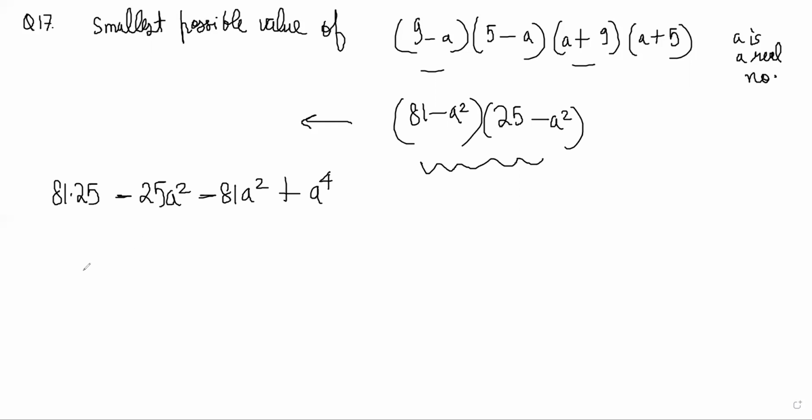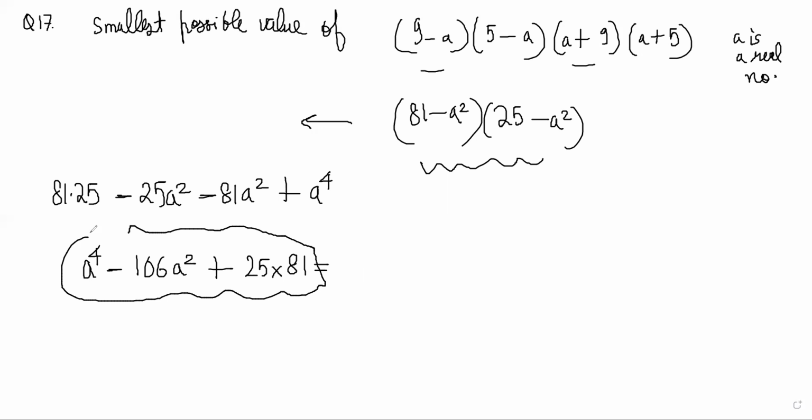You get a power 4 minus 106a square plus 25 into 81. This is my quadratic-like expression, so a square is equal to b, and this becomes a typical quadratic: b square minus 106b plus 25 into 81.